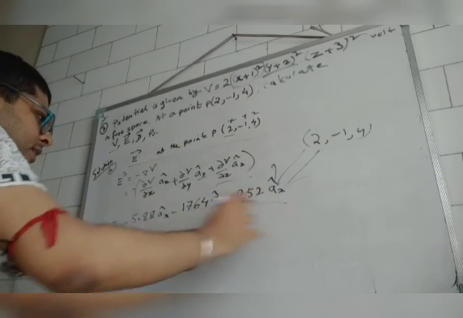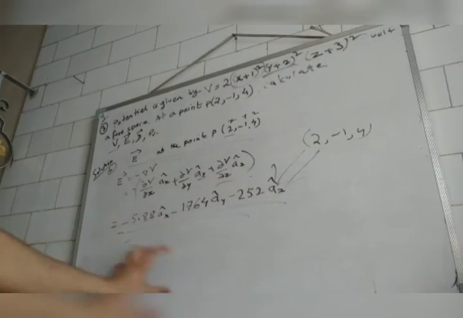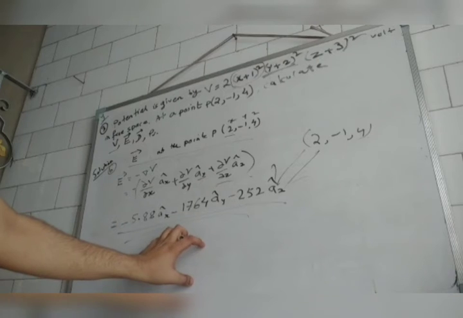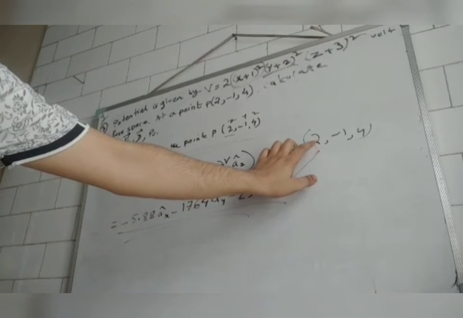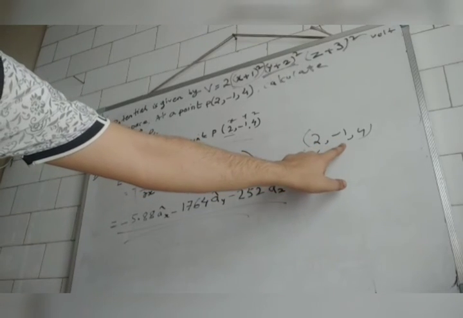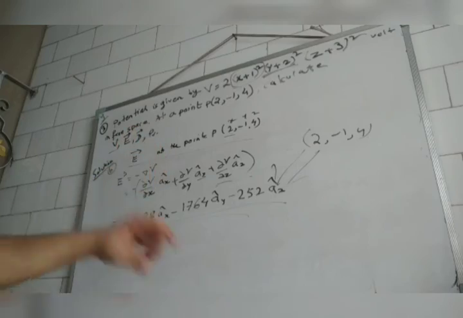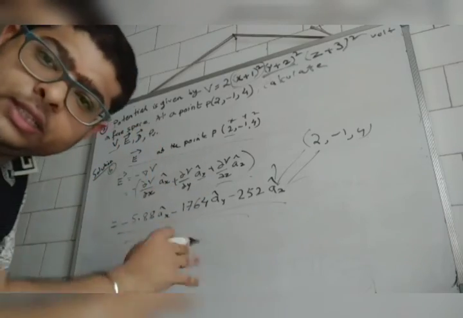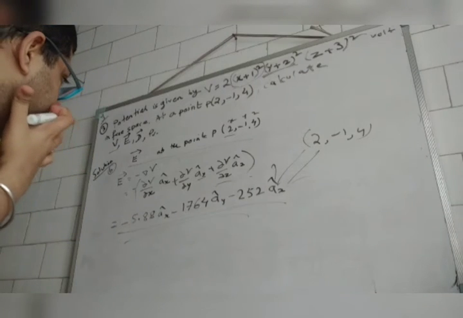So this will be your answer. That means in that expression what you got, put the value of this. So at this point, put x is equal to 2, y is equal to minus 4, and z is equal to 4. If you put this in the equation we have seen earlier, then you will be getting this. I hope it is clear.